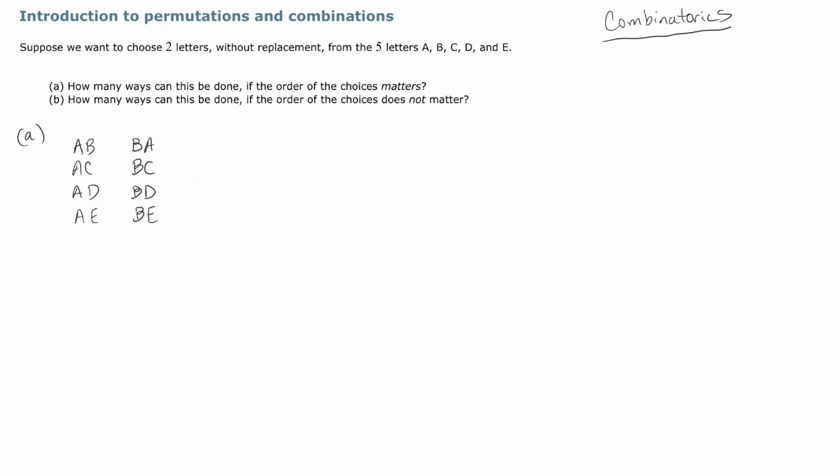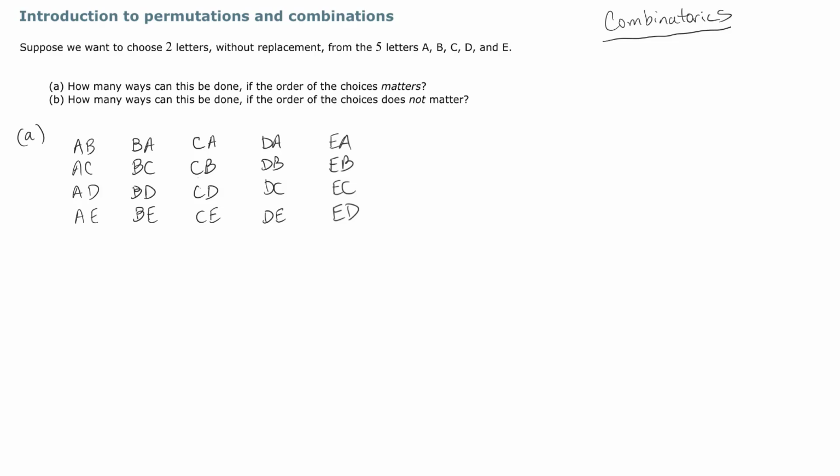And notice we are counting in a systematic fashion. So continuing with this pattern, the next one would be what? CA, CB, CD, CE, and then of course DA, DB, DC, DE, and then finally EA, EB, EC, and ED.